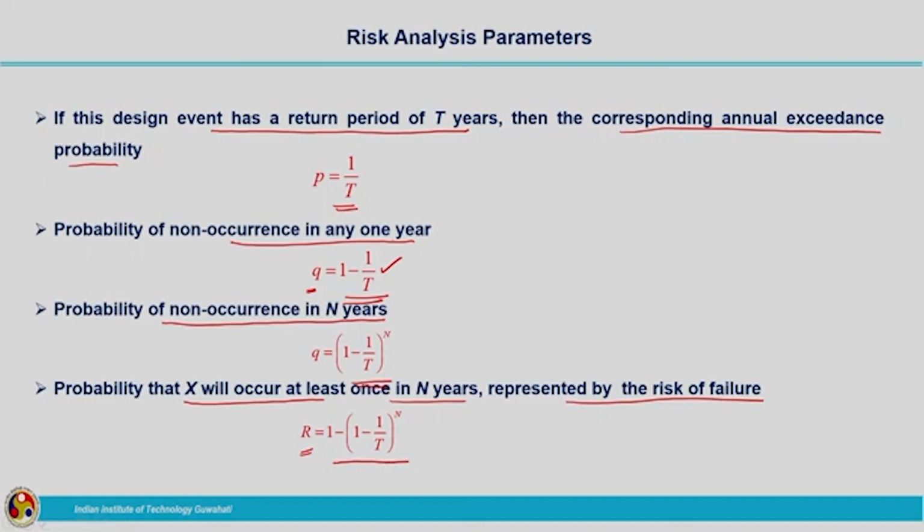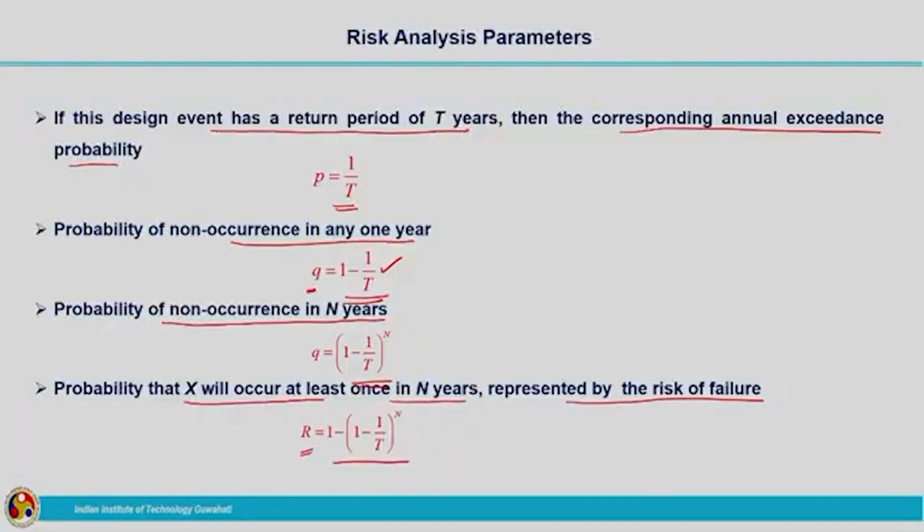That is, the probability of non-occurrence is 1 minus 1 by T to the power of n for n years, and the risk is the probability of occurrence, that is, equaled or exceeded, corresponding to a particular maximum magnitude of that design event. So, it can be calculated by using the formula 1 minus 1 by T to the power of n. Here capital N is nothing but the design life of the structure.